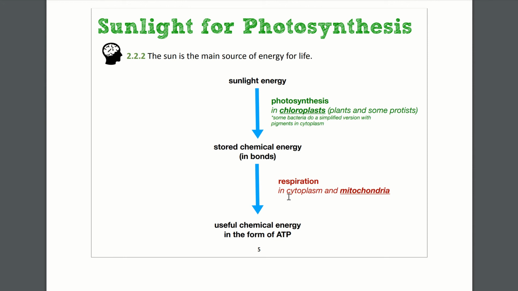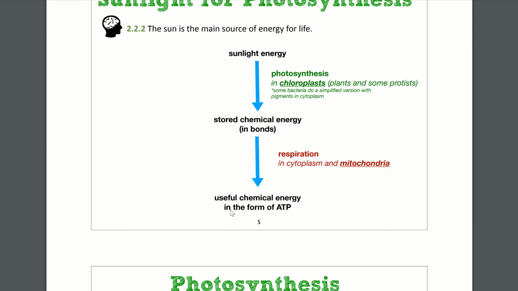And through respiration in cytoplasm and mitochondria, the plants do both of these two reactions, photosynthesis and respiration. Plants do both of these, but animals only do respiration because they obtain the sugar from the plants, and then through respiration, the sugar is turned into useful chemical energy in the form of ATP.